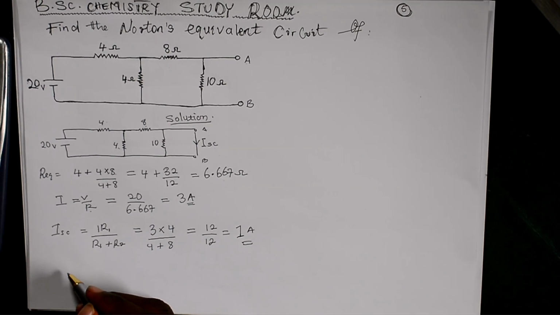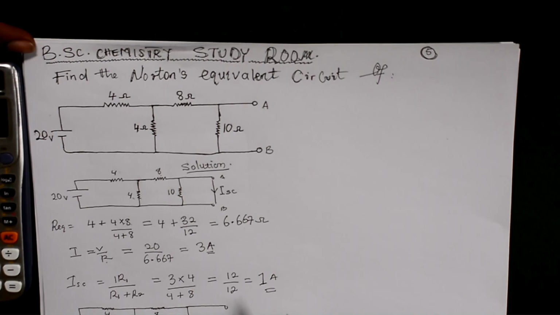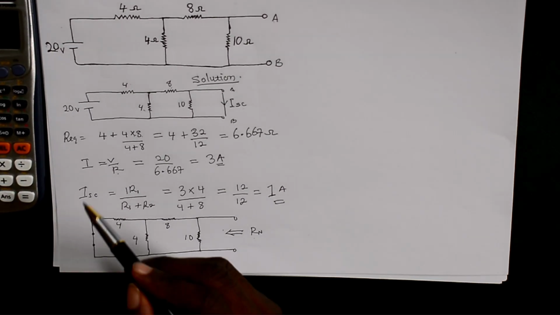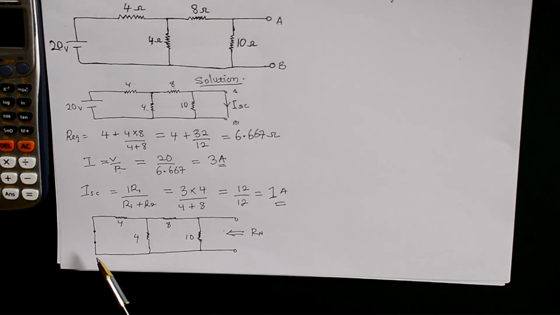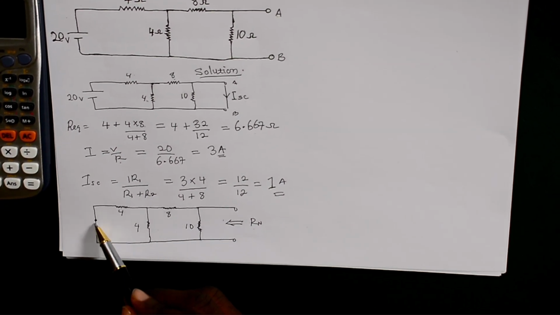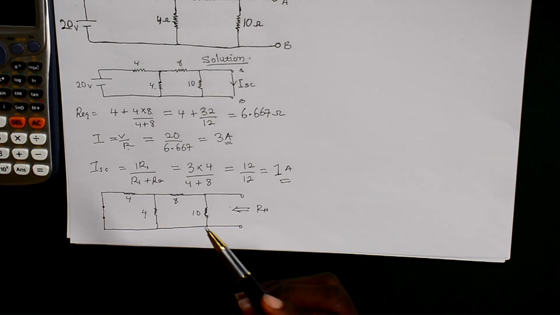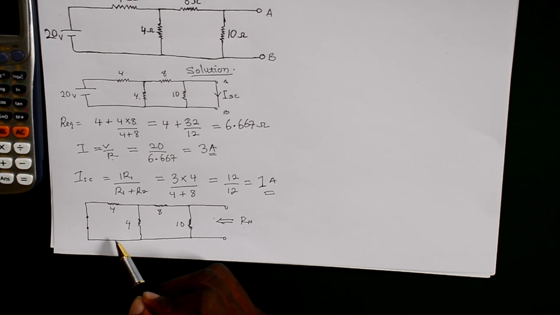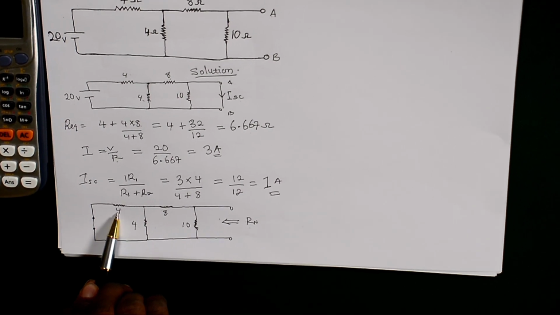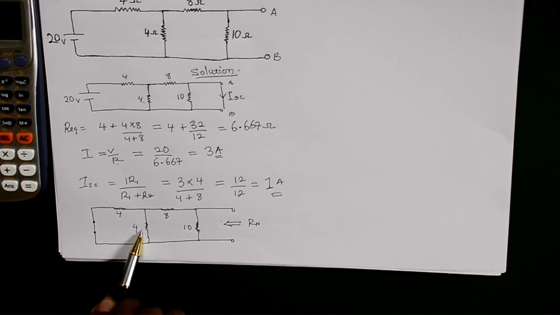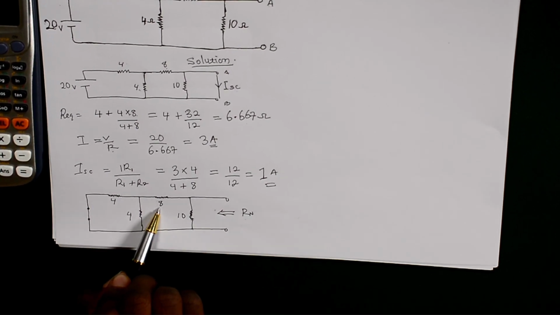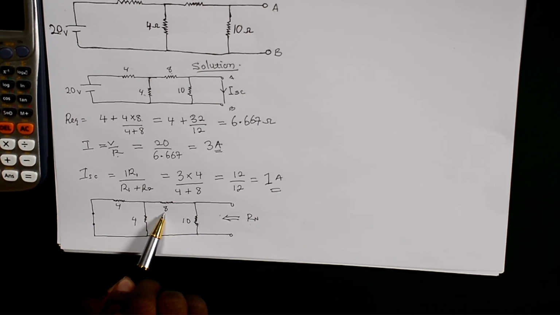So now after finding Isc, we are going to find the R Norton. To obtain the R Norton, we are going to short circuit this voltage. This is where we have short circuited the voltage. So when looking into the circuit, we can see that this 4 ohms resistor is in parallel to this 4 ohms resistor and in series with this 8 ohms resistor.